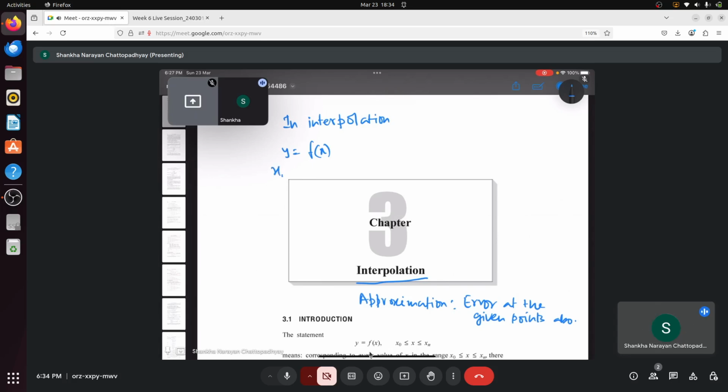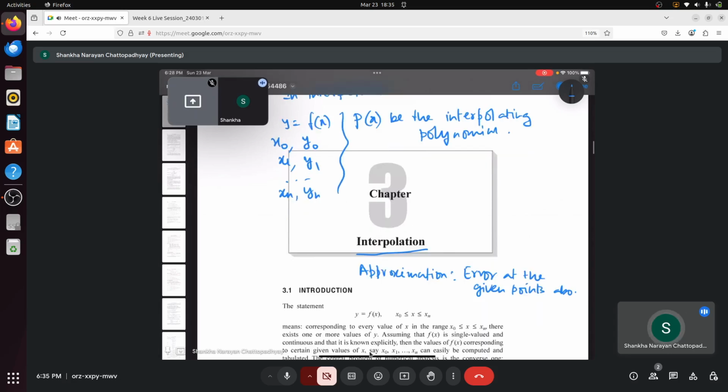Instead you know (x0, y0), (x1, y1), up to (xn, yn), and p(x) is the interpolating polynomial. Then at these n plus 1 points, p(x) will be exactly equal to f(x). So at those given values there will be no error. This is the main difference between interpolation and approximation.